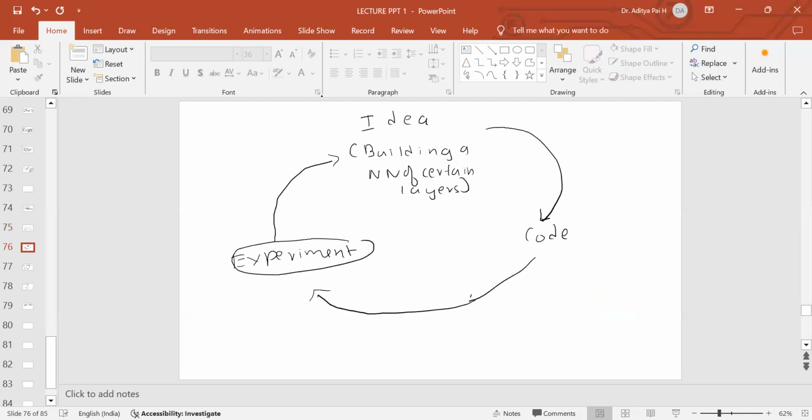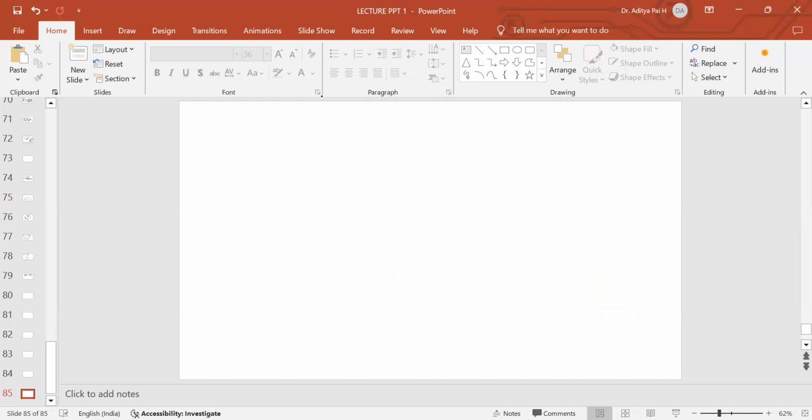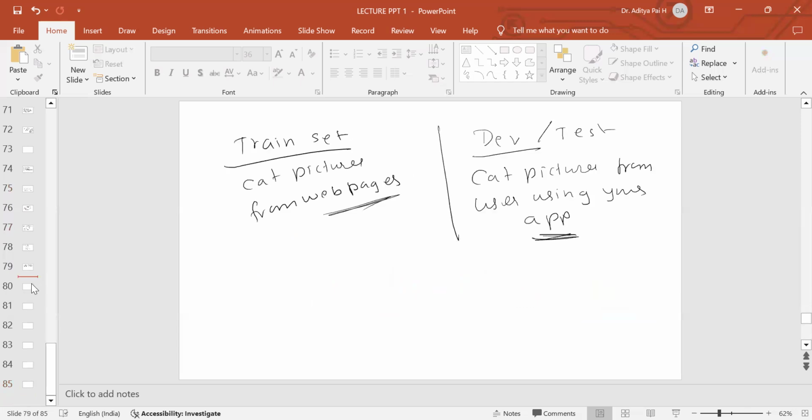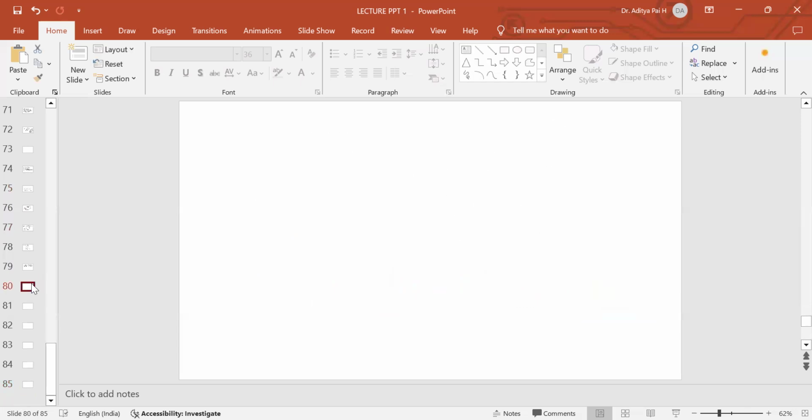Now an example can be a cat classification, where y is equal to 1 for cat and y is equal to 0 for dog.